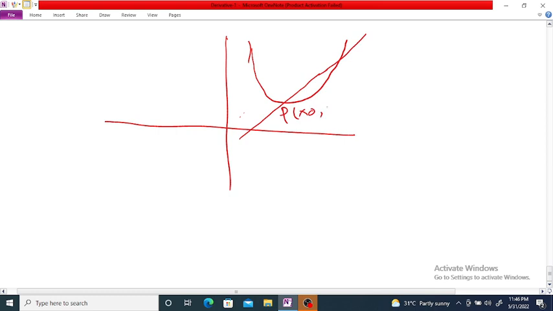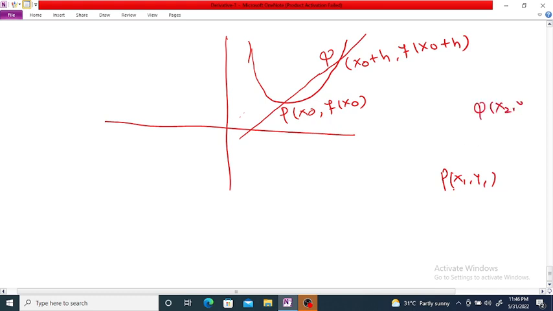Say x0 and f of x0, and this is x0 plus h and f of x0 plus h. Say this is the point Q. As we know, if P is equal to x1, y1 and Q is equal to x2, y2, then the slope of line PQ, which is m, is equal to y2 minus y1 divided by x2 minus x1.